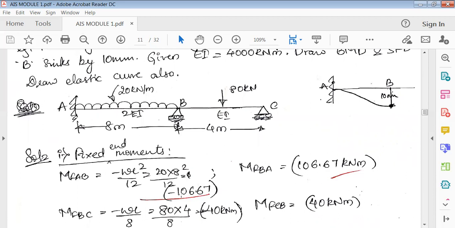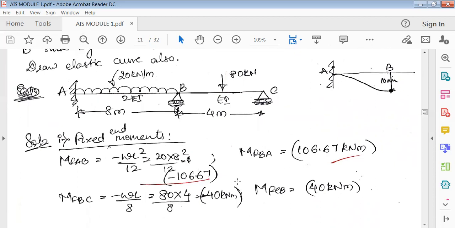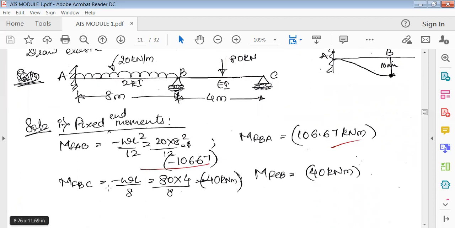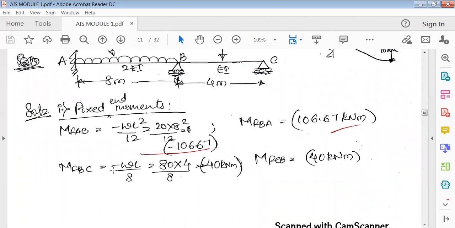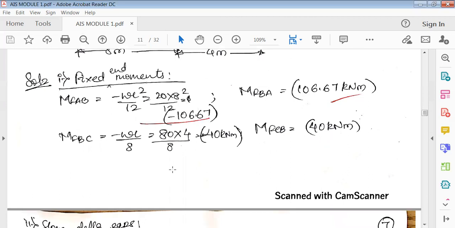So if this is minus 106.67, this would be plus 106.67. Then MFBC. Again, there is a point load acting exactly at the center. So because it is BC, it is minus WL by 8, and MFCB is plus WL by 8. So it is minus 40 and plus 40. Okay, this would be the same.